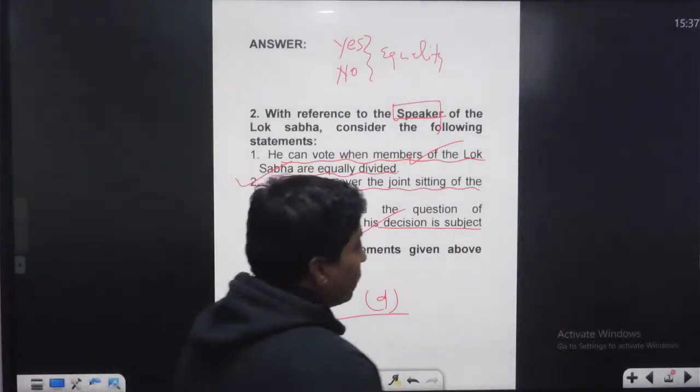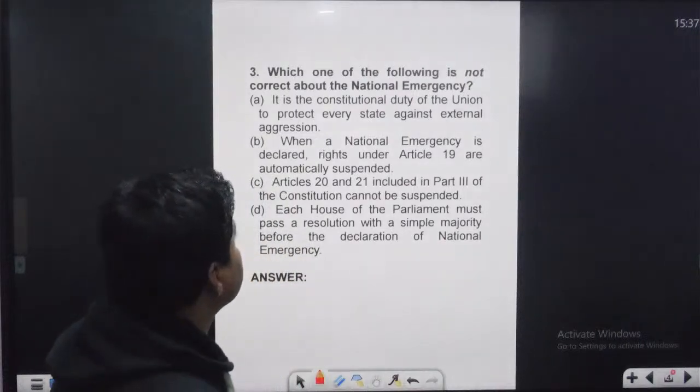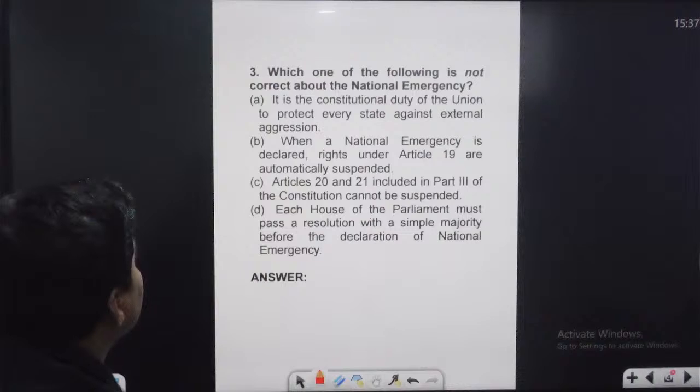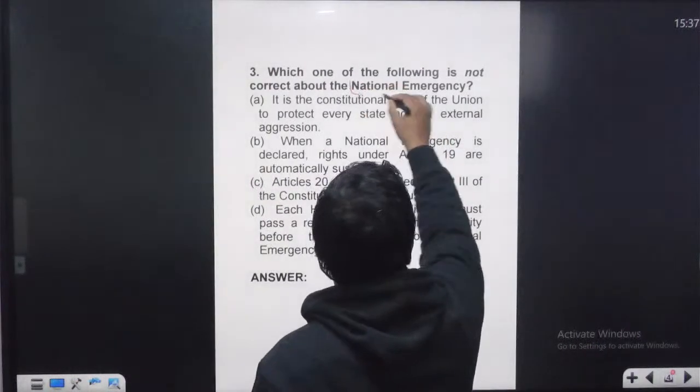Now let me move to the next question. Question number 3. Which one of the following is not correct about national emergency? So this is a question about national emergency.